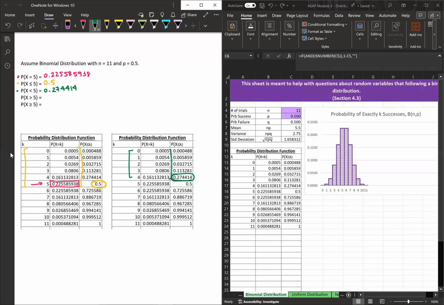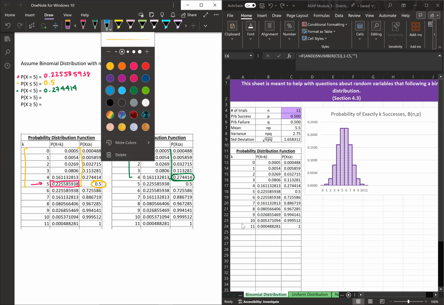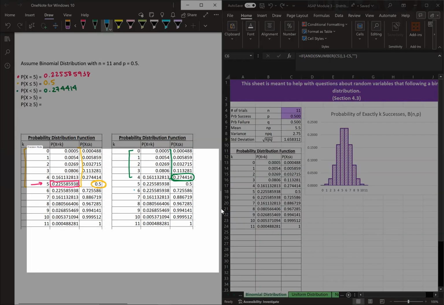All right, and now for being greater than 5. This one's not very fun, but it's okay. So for greater than 5 means you cannot be 5, but you can be 6. And you're going to go all the way to the end. So you're going to use all of these.